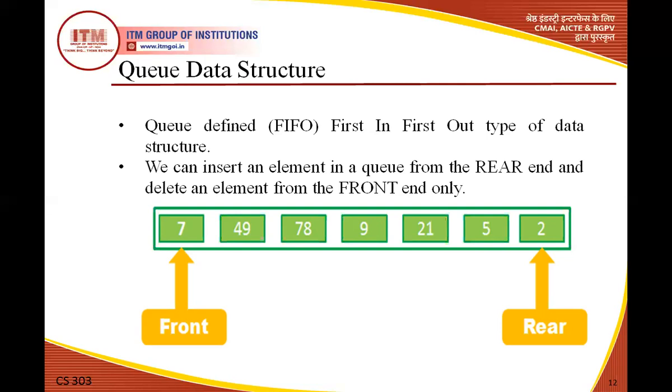So there are two ends in the queue. The queue works on first in first out: the element inserted first will be deleted from the queue first. The second element inserted will be deleted second. So the first in first out process is applied in the queue.